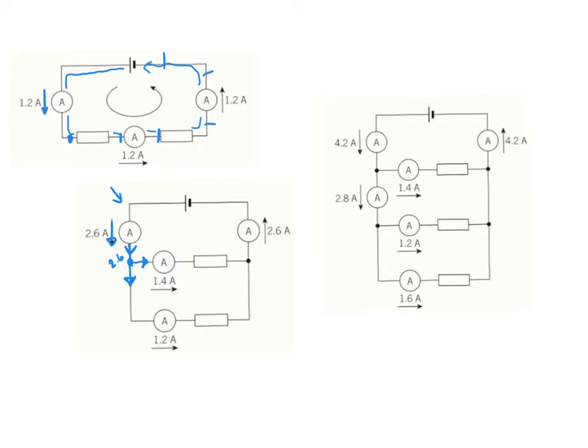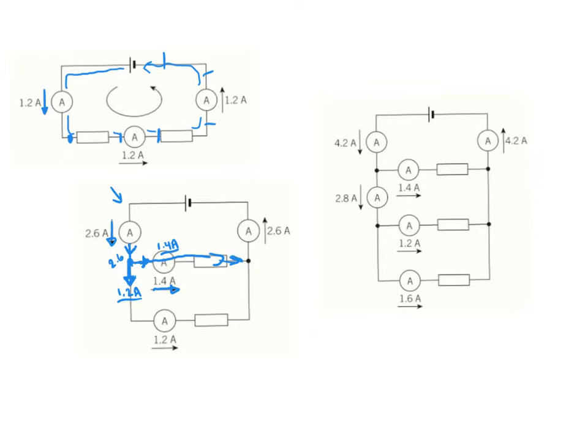I will mention that in a second as well. But you can see here that it says 1.4 amps go through this way. And then 1.2 amps go through here. If I add the two together, it gives me 2.6. So that's correct. 2.6 going into a junction and a total of 2.6 coming out of the junction. And then I would expect the same thing since 1.4 amps flow through this whole loop or branch.